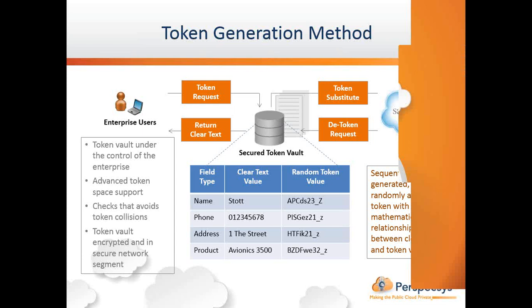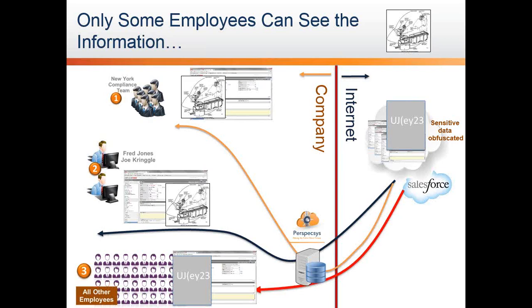Also, our friends Fred Jones and Joe Pringle down in Philadelphia also have the ability to access the information, but all other employees should not be able to access the information. So the controls are there that you can just block them from being able to get to the cloud altogether, but just to illustrate the point, if there were some way to get to the cloud, the information would not be detokenized. So it would have no meaningful value to them.